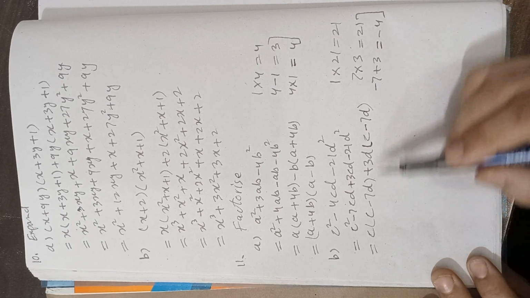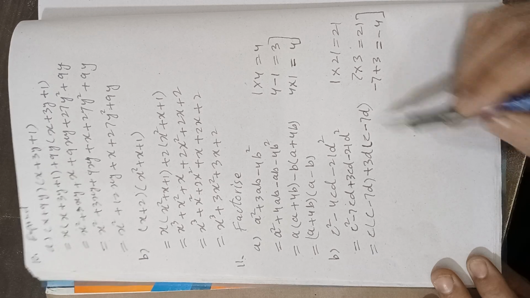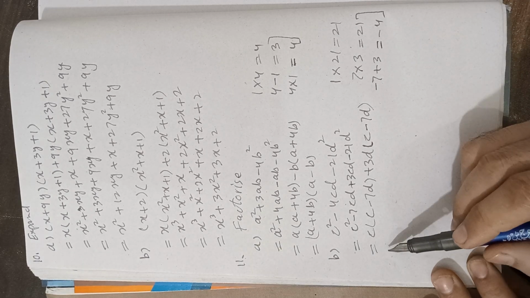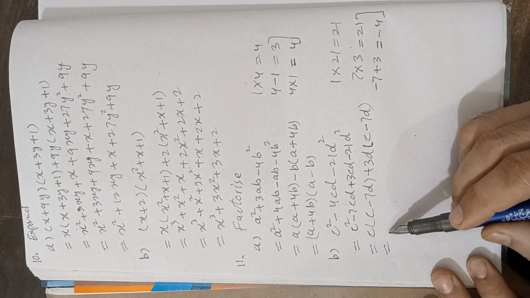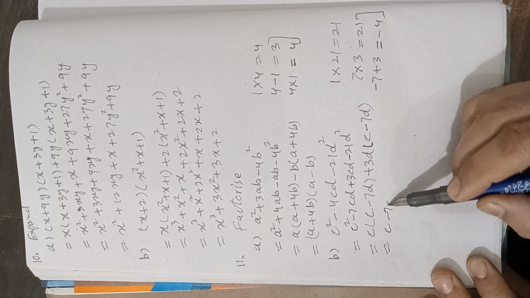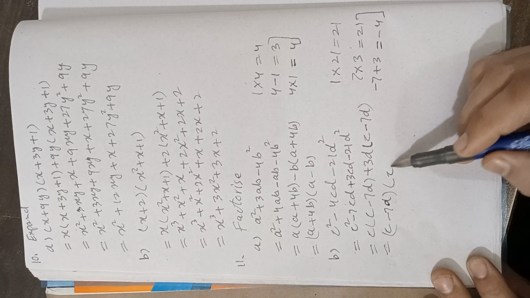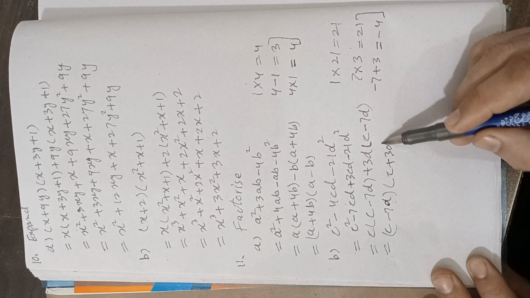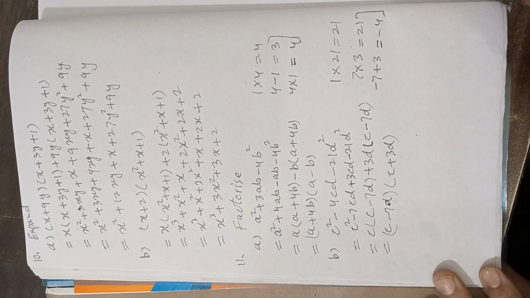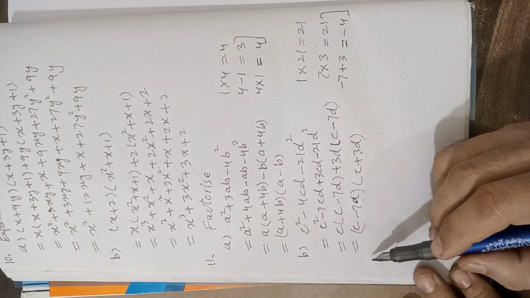You can see that c minus 7d and c minus 7d are same terms, so our factorization is right, and we can take c minus 7d as common, and c plus 3d is in the bracket. This is the answer.